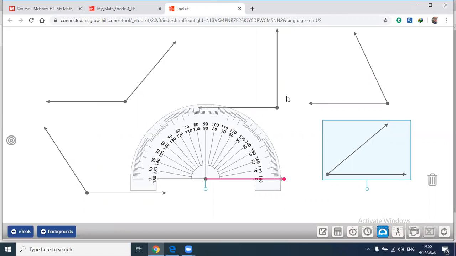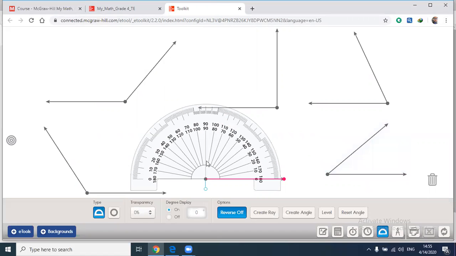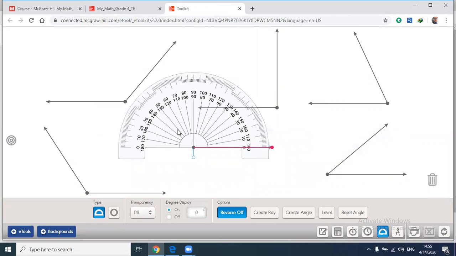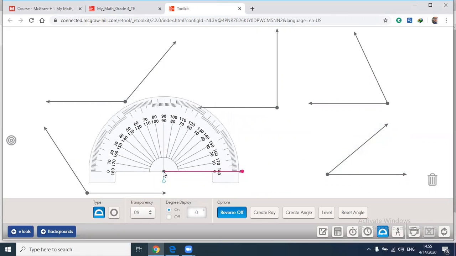Here I have many angles and I have this protractor. At the middle, the center of the protractor, it has two readings from 0 to 180 in both directions, from right to left and from left to right.